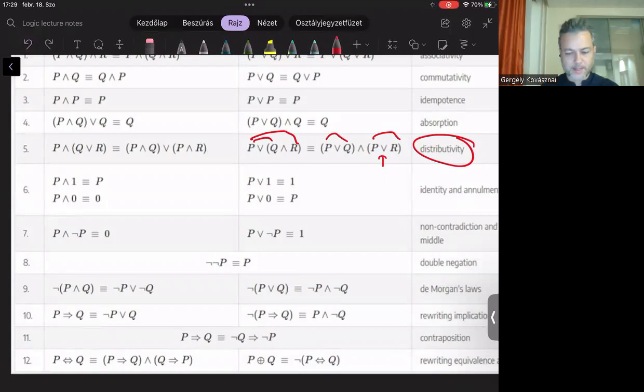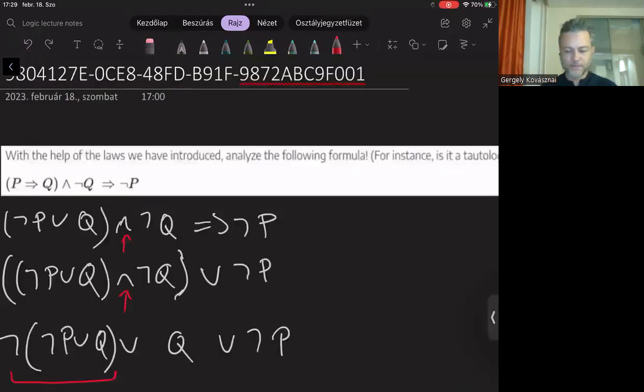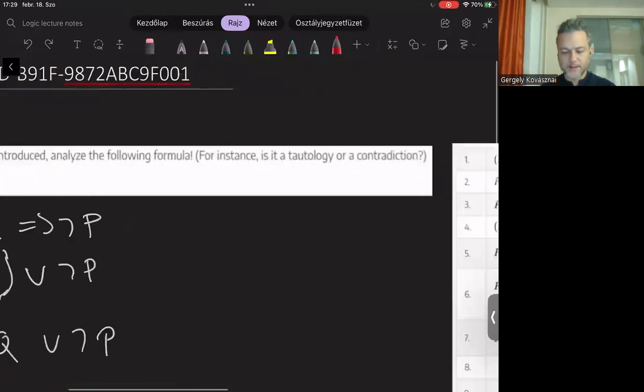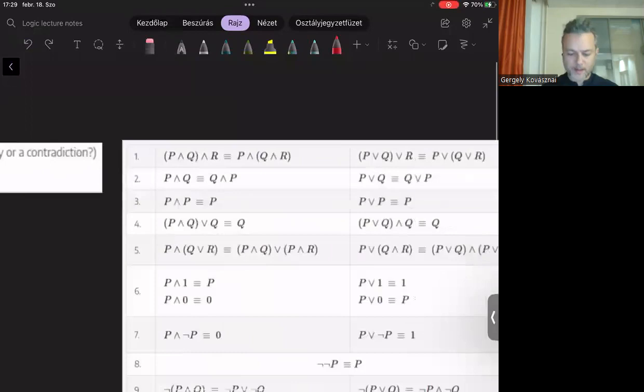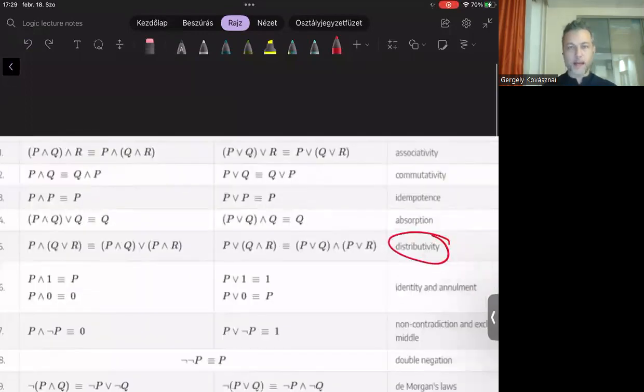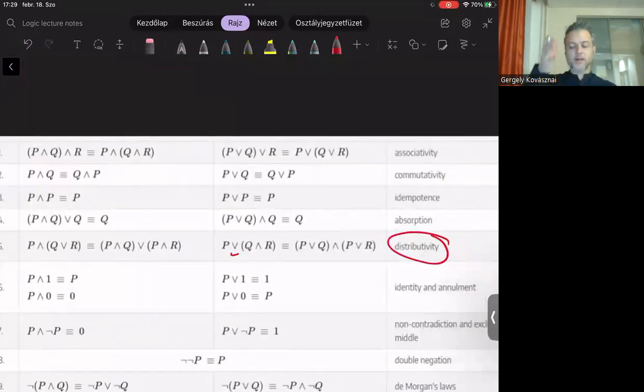And besides that, it is really interesting to see that the operators are somehow flipped. So before applying this law, disjunction was outside of the parentheses, but it got inside, right? And in a similar fashion, conjunction was inside the parentheses and it somehow got outside. So they just flipped their location.